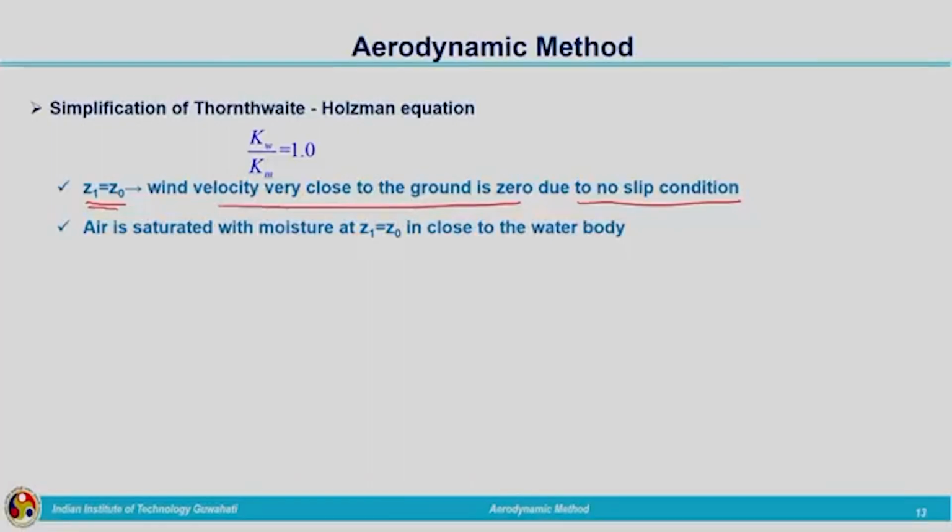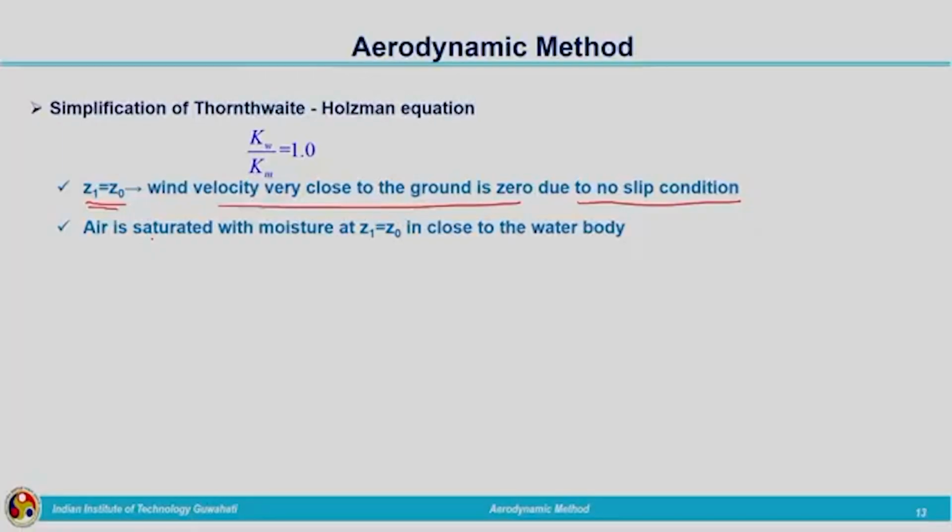The wind velocity at section 1 can be considered to be 0 because we are assuming that section 1 is at the water surface. There the air will be saturated because more and more water vapor is added continuously. So, the air will be saturated near the water surface; the air is saturated with moisture at Z1 equal to Z0, very close to the water body.